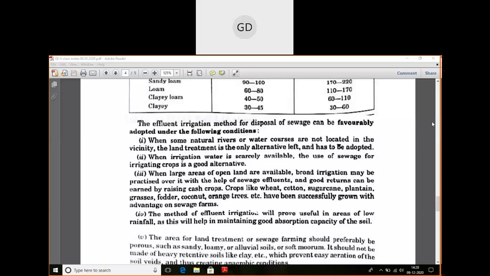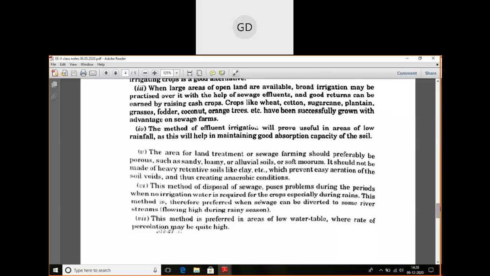Number 5: the area for land treatment or sewage farming should preferably be porous. Wherever you are going to do the sewage farming or land treatment, it should be porous, such as sandy soil, loamy soil, alluvial soil, or soft murram.